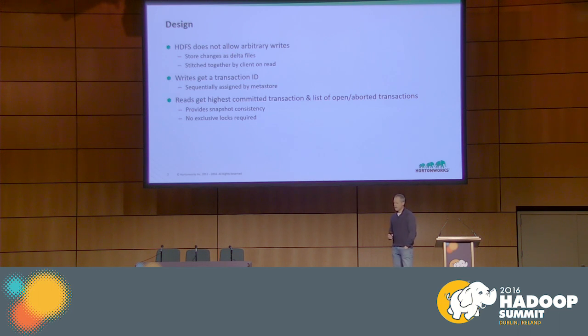So we take the kind of standard approach there of as updates or deletes come in or new inserts, they're written on the side into a Delta file. And it's then the reader's responsibility to stitch that together at read time and figure out what the right version of that record is, as you will.